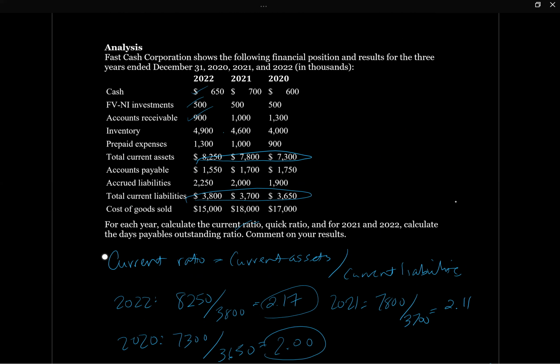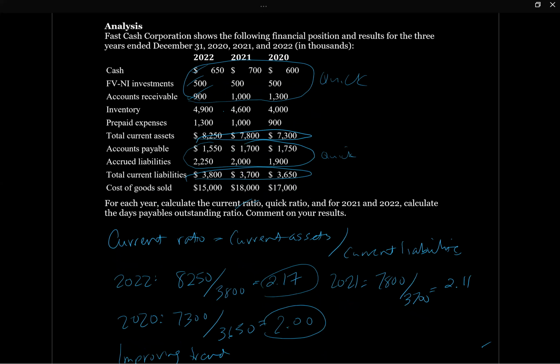So we're really just going to be looking at the sum of these items for our quick assets, and accounts payable and accrued liabilities are both quick liabilities. So all of that's going to be in our quick. So this is our quick, and this is our quick here. Essentially we can still use the same subtotal for our current liabilities.